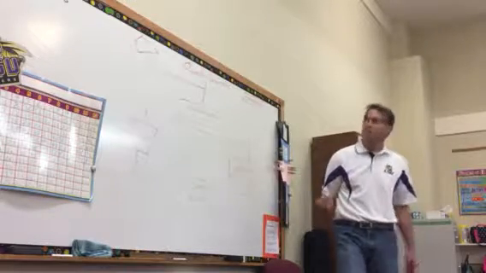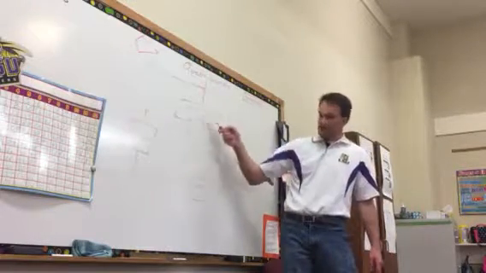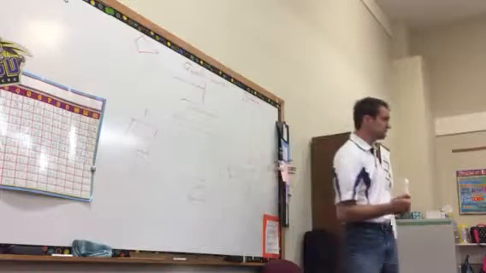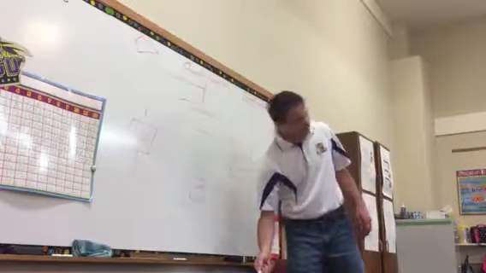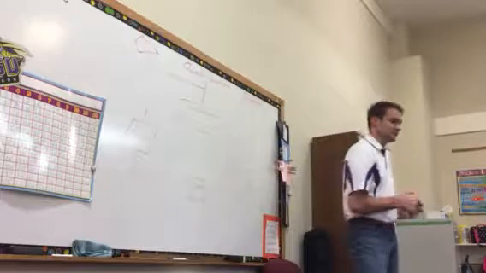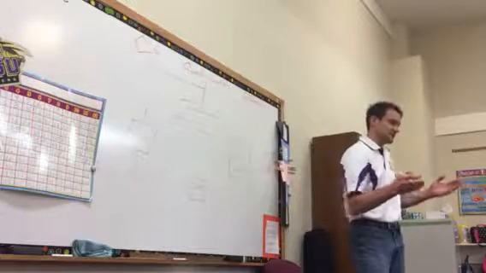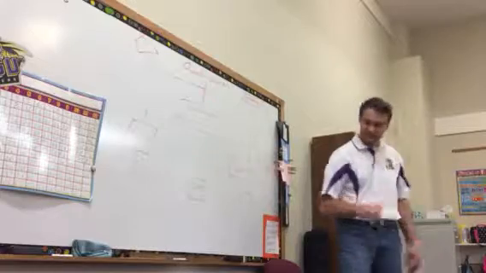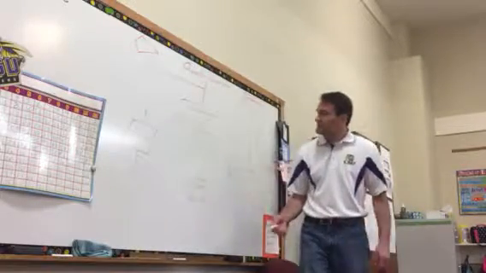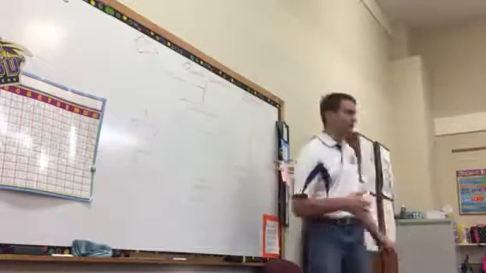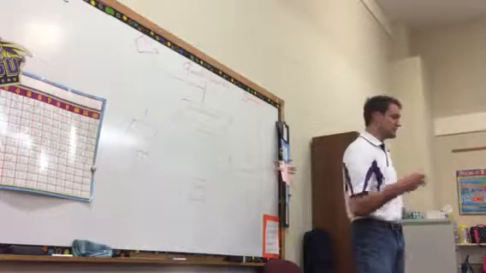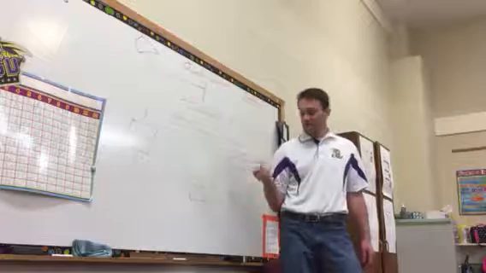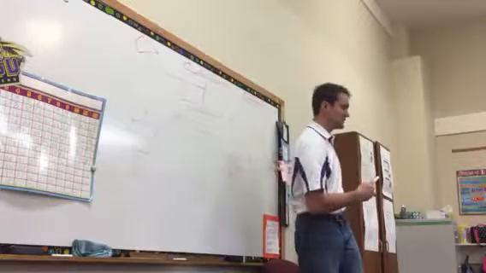Does it have 2 pairs of parallel sides? No, those are not parallel. Parallel means they stay the same distance apart. Does it have 1 pair of parallel sides? No. So there's only one word that can describe this shape on number 2, and it's quadrilateral.